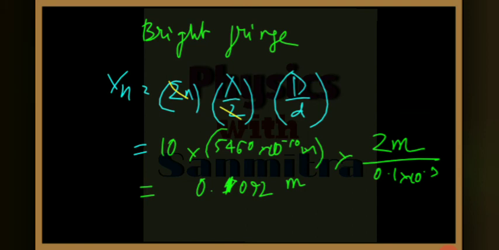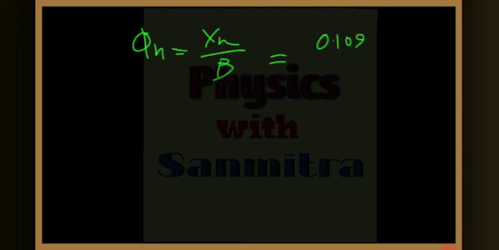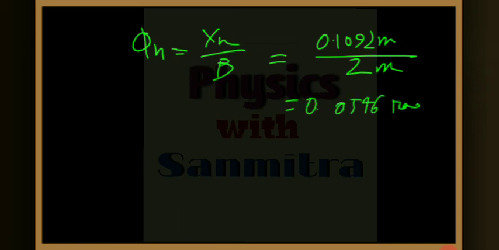Now, what is phi n? As I have already told you, phi n in this case will be xn by D. What is xn? 0.1092 meter divided by D, which is given as 2 meter. So we will get 0.0546 radian.